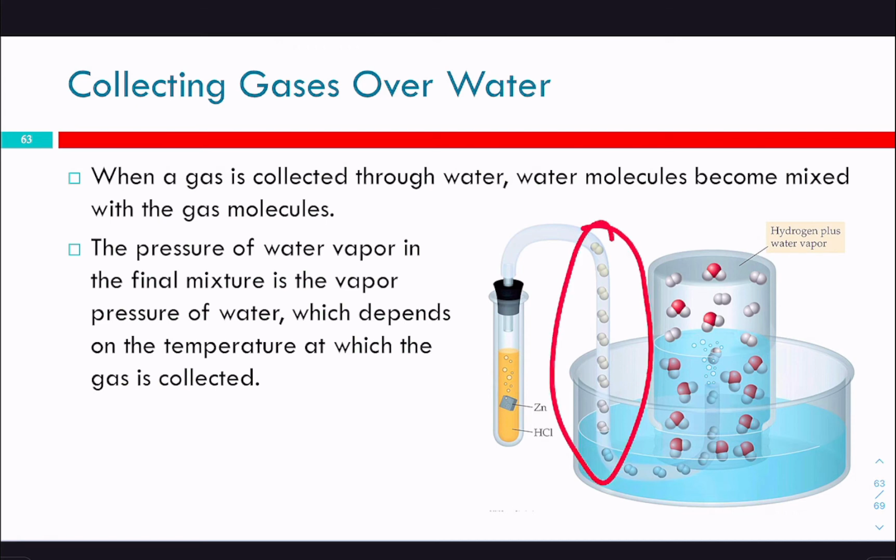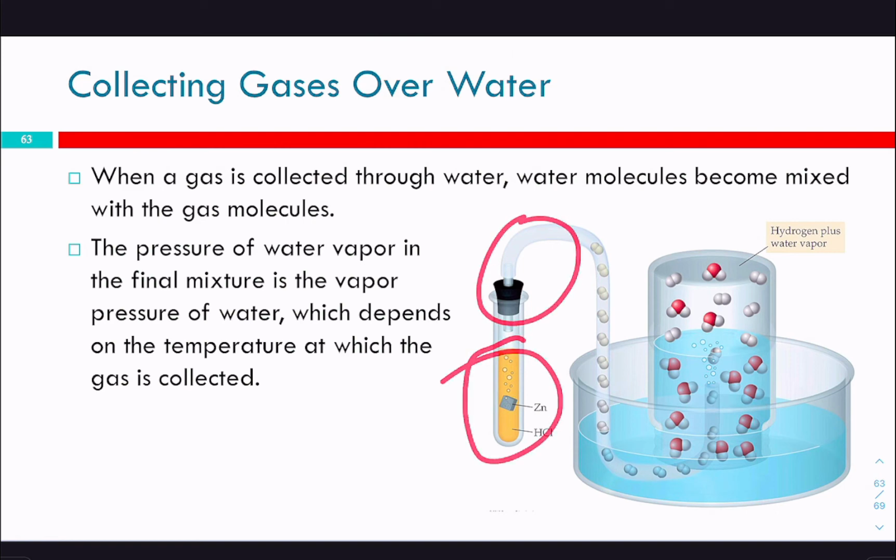We took the zinc, dissolved it in HCl, hydrogen gas came out, went into the big flask, which pushed water over so that you could calculate the volume. But in that space above even the zinc and HCl solution, there's going to be some amount of water vapor.